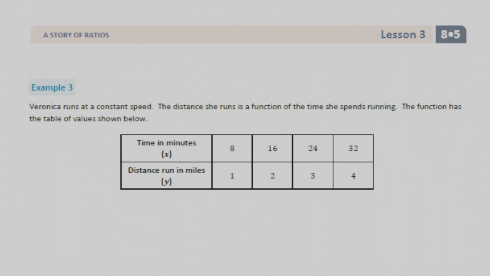And then what I want you to do for this one is use a proportion or the slope formula. You should be able to use that based on some of the clues in here. So use those things to write the equation that describes this function, the function in this table here.